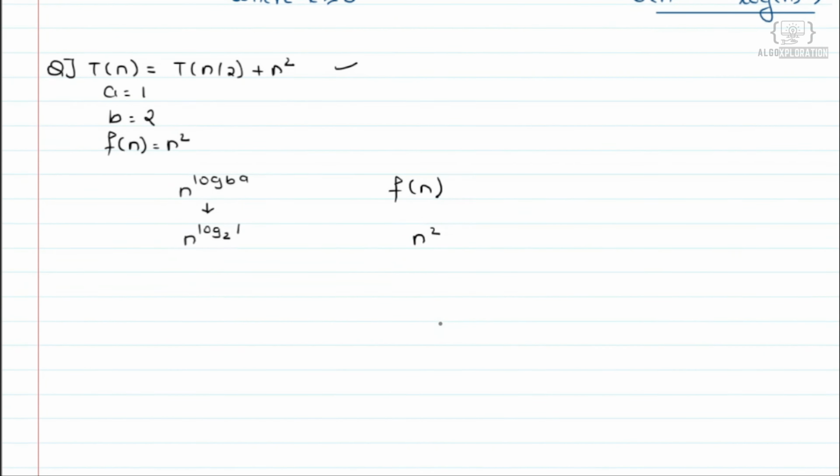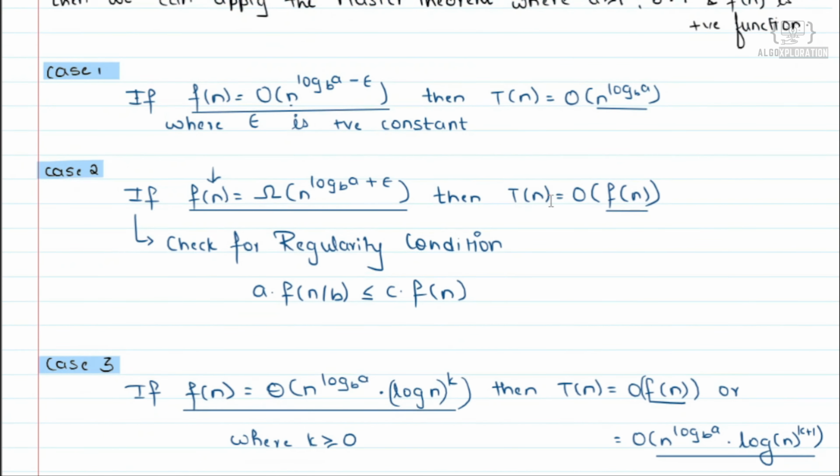Now this will be n^0, that will be 1. So by comparing, we found out that f(n) is bigger, so it goes to case 2. Case 2 says that if f(n) = Ω(n^(log_b a + epsilon)), then T(n) = Θ(f(n)). For the time being, please neglect this epsilon term.